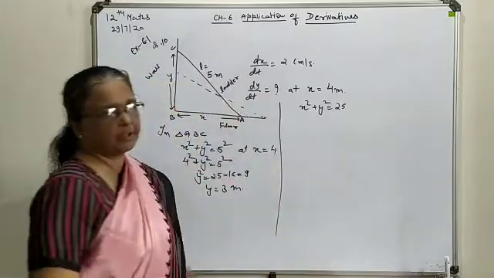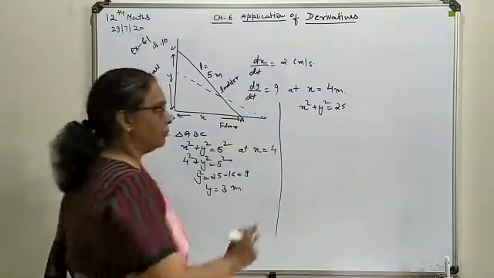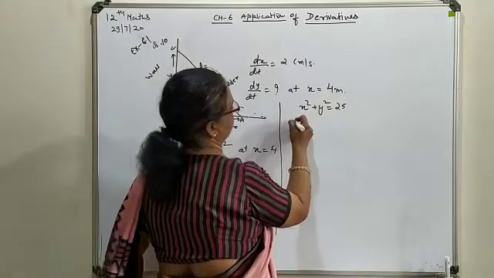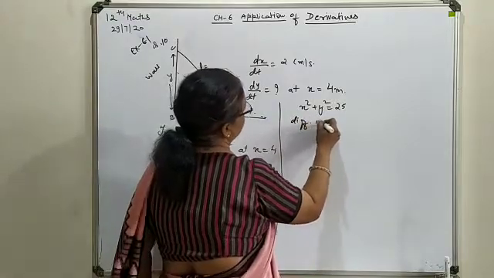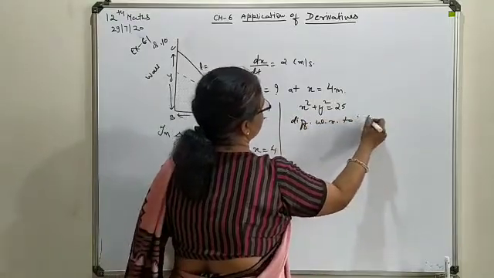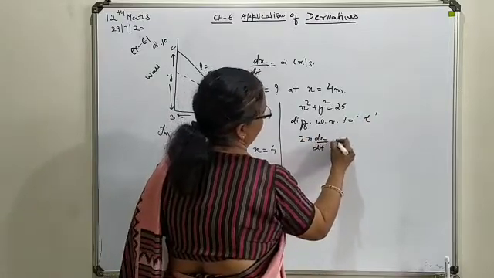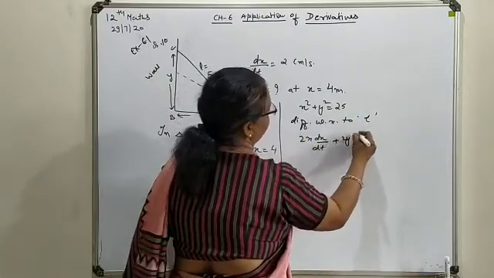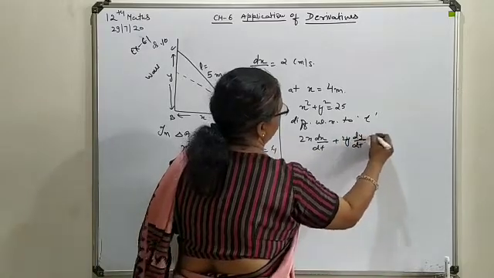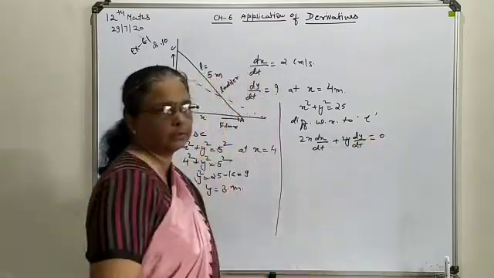Now differentiate both sides with respect to time, because dx by dt is available. So 2x dx by dt, since both are variables, plus 2y dy by dt. Being a constant quantity, 25 turns to 0.